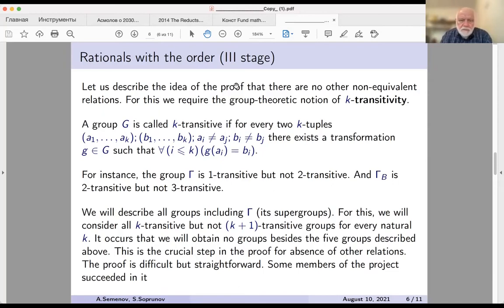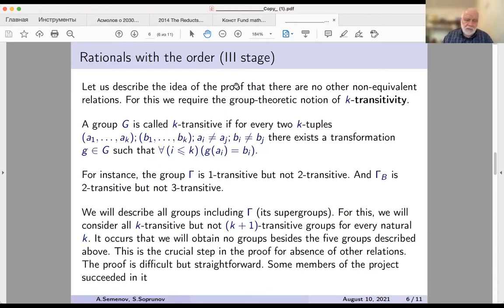So the idea of the proof is to consider the notion of K-transitivity. A group G is called K-transitive if for every two tuples A1...AK and B1...BK, where all the members of each family are different, we can transform the first sequence to the second sequence.